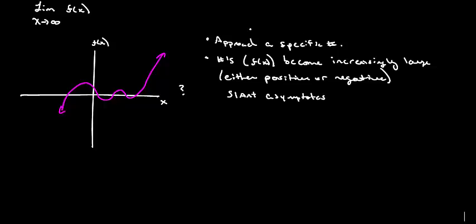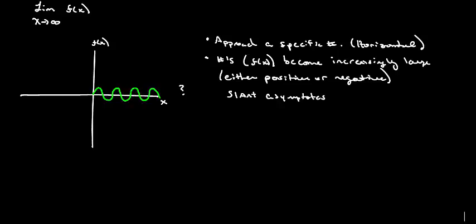And when you looked at this in another class, you usually talked about these as being horizontal asymptotes.